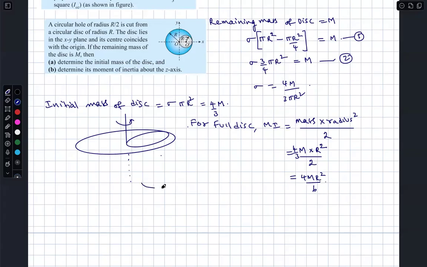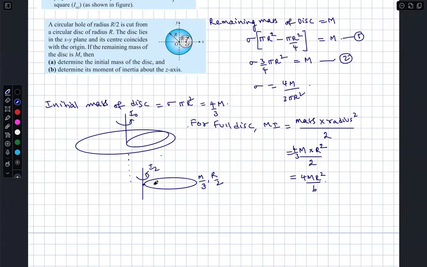For the removed part, whose mass is M by 3, in fact, the mass of this disk is M by 3 and the radius is r by 2. Now I want the moment of inertia about this axis. Let this be I2, let this be I0.